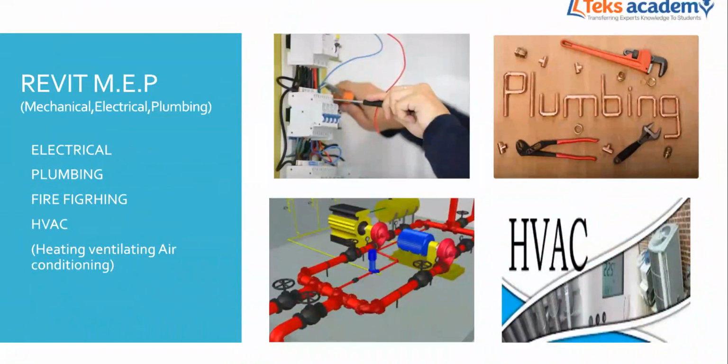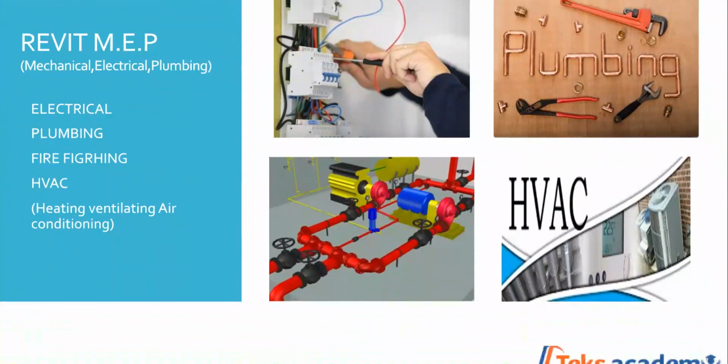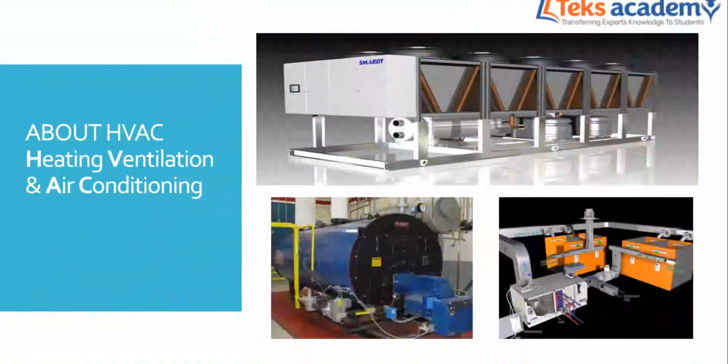In Revit MEP, we have mechanical, electrical, and plumbing. So let's have a look at what the services of this are. The very first service in mechanical is the HVAC system. HVAC is nothing but the heating, ventilation, and air conditioning system.